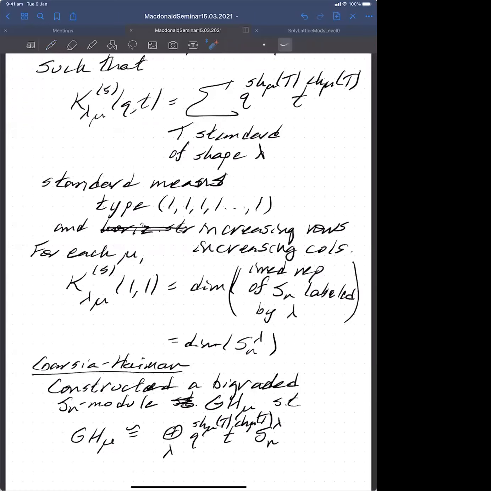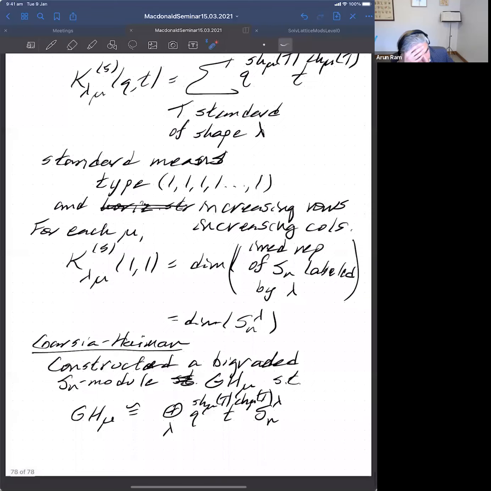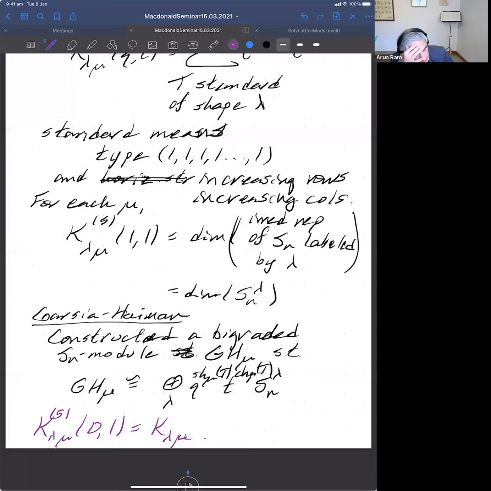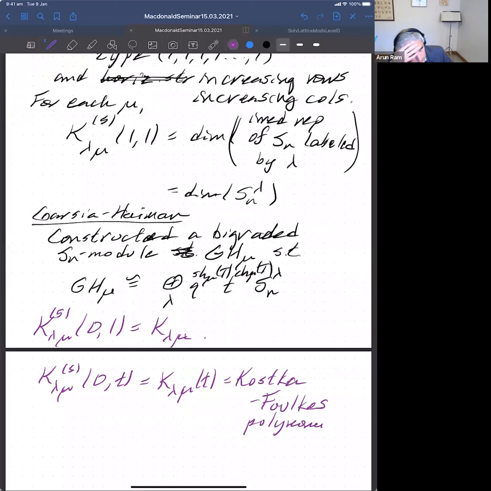So how does this K-tilde one specialize to K lambda mu? Well, K lambda mu at the value 0, 1 is the original K lambda mu. Perhaps more importantly, K-tilde lambda mu at the value 0, t is the Kostka-Foulkes polynomial.